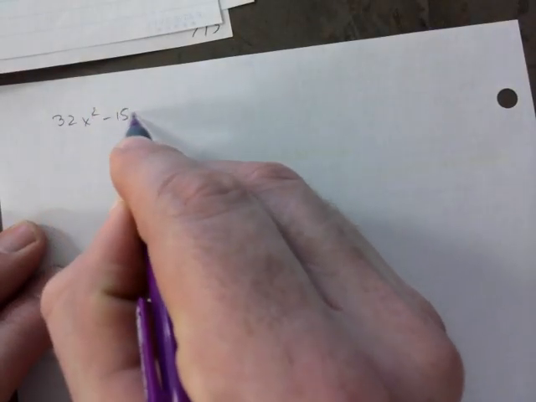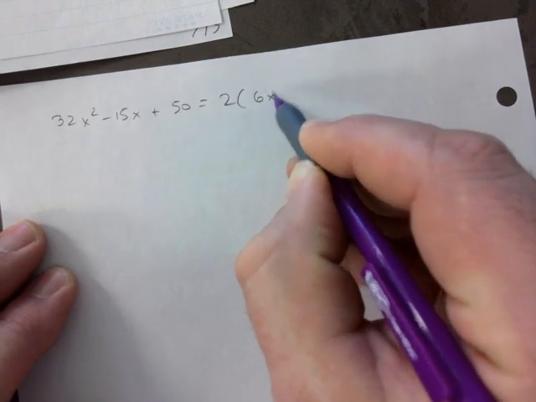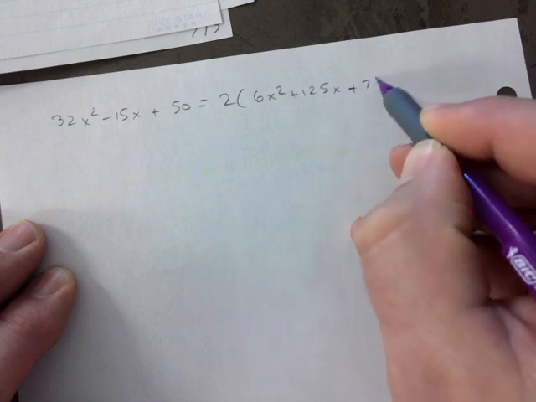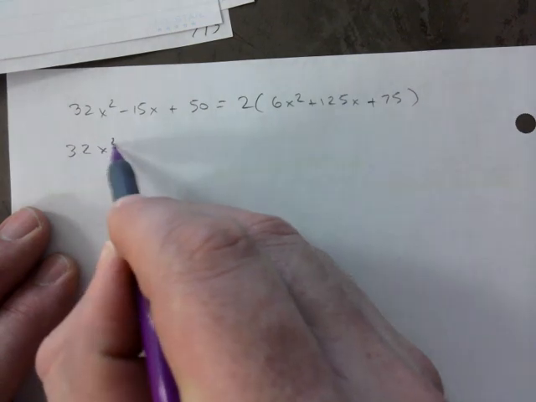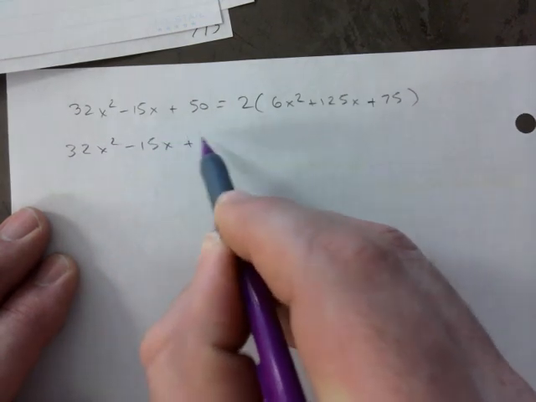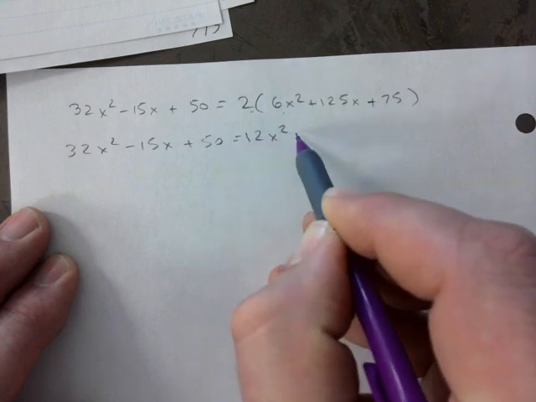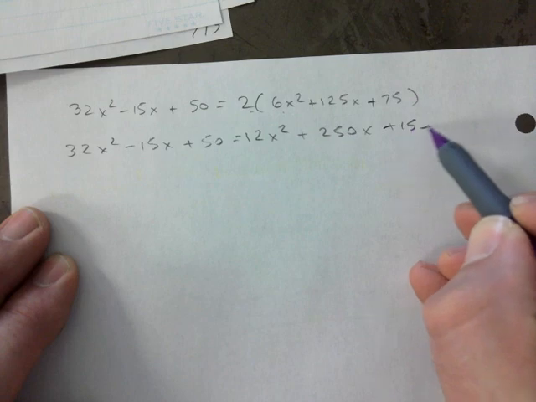So we get 32x squared minus 15x plus 50 is equal to this. Okay, so you need to distribute that out. So 32x squared minus 15x plus 50, and then it's 2 times 6, that's 12x squared plus 250x plus 150.